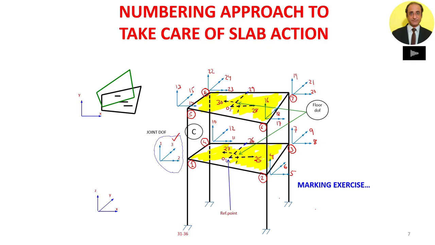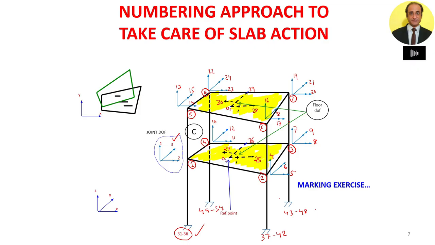So we have 31 to 36, then 37 to 42, then 43 to 48, and 49 to 54. This is how we would do the numbering of the degrees of freedom.